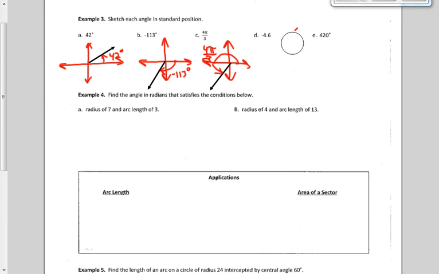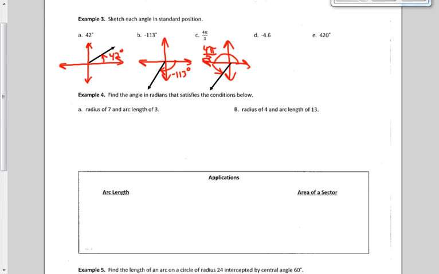Now, D is an interesting one. D has negative 4.6. Automatically, most people think, oh, well, I'm going to go in the negative direction, which is good. And I'm going to go not extremely far away from the origin or the x-axis, the 0 point.